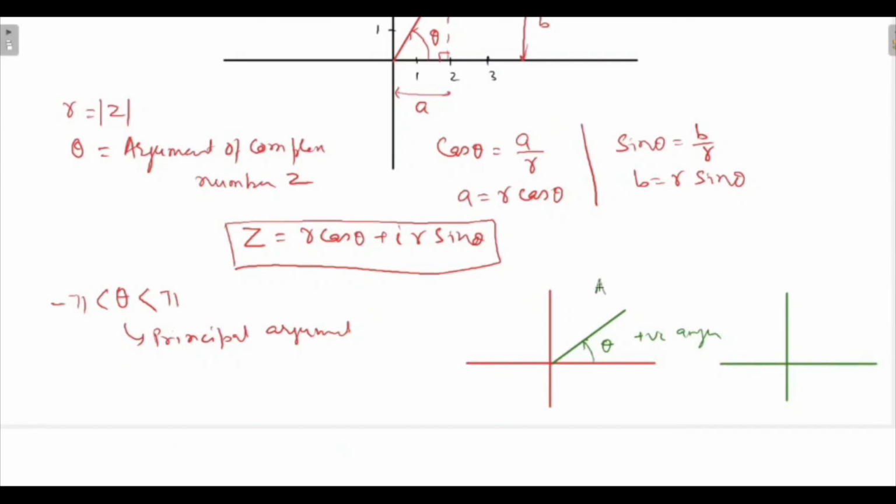Let me write again, same thing which we have learned in our trigonometry. Anti-clockwise positive angle, clockwise negative angle. So this is going to be minus theta. So clockwise, negative angle.